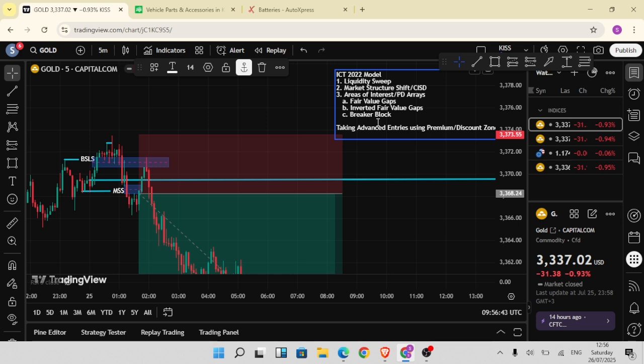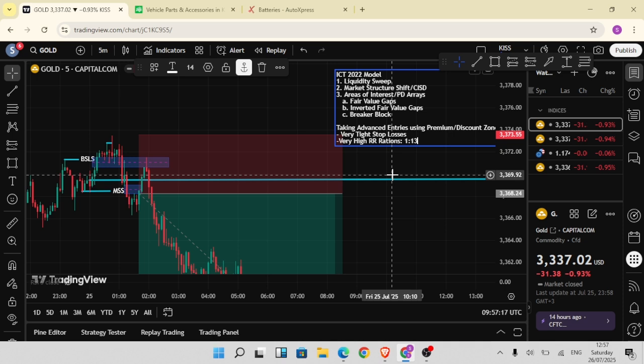In these examples, we'll use premiums, and this is going to give us very tight stop losses and very high risk reward ratios, sometimes going up to 1 to 10 or 1 to 13.